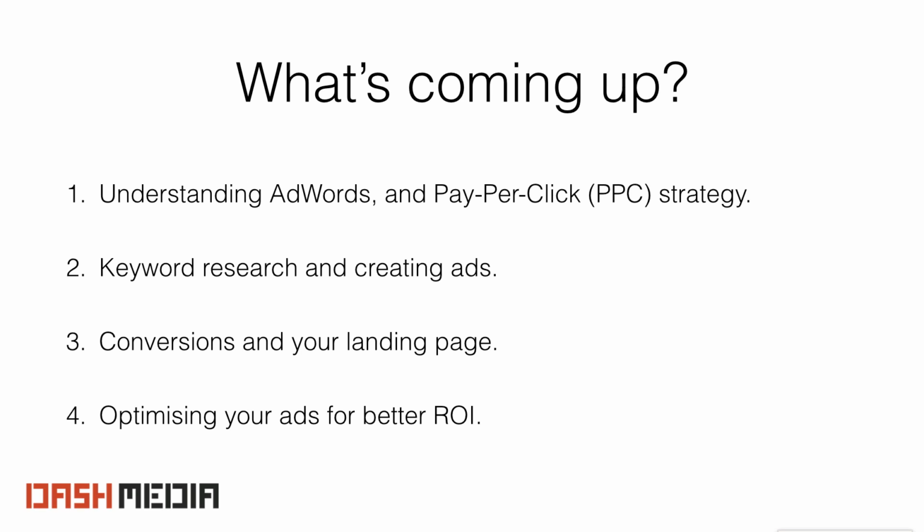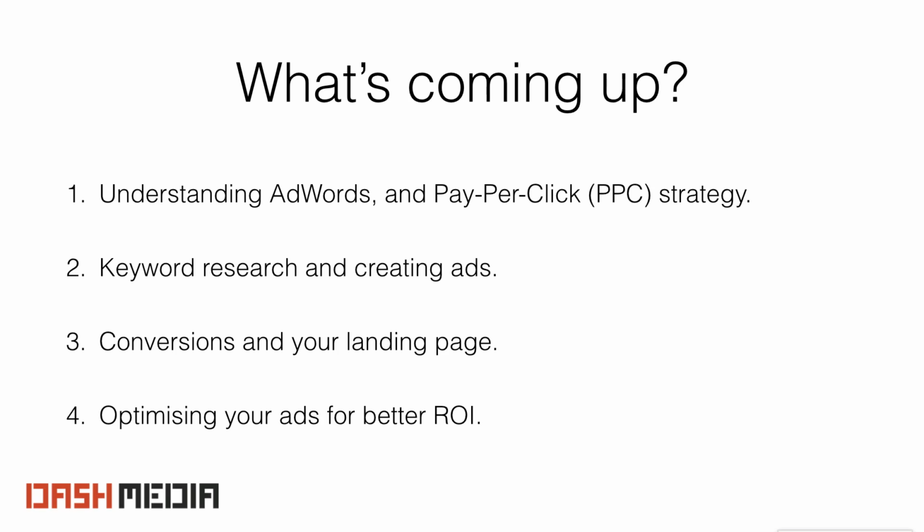Then in part 3, we're going to have a look at the landing page itself. This comes after somebody has clicked our ad, and you see we're following this process through in a sequential order, where we understand what AdWords is, then we find out what our keywords are going to be, and we create our ads and our campaigns.